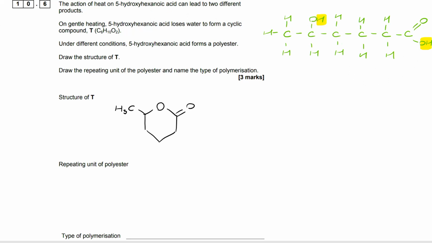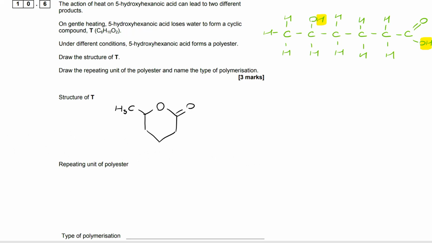Now, what I've then got to do is try to reason this out, that if that's where my water goes, I'm going to get a link from this carbon to this oxygen. And it's then simply a matter of drawing it out, and that's what we've got here.